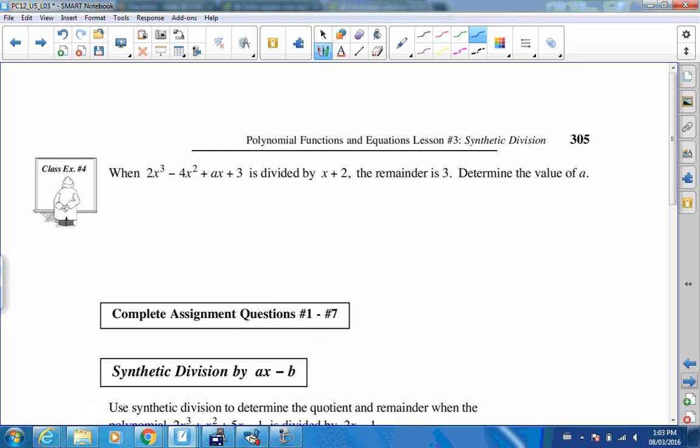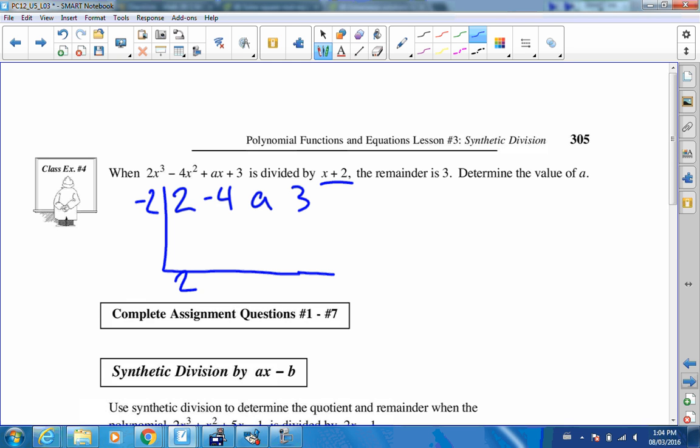There's another standard sort of style of question where you have to do your synthetic division given that the remainder is something. So I'm going to start by setting it up. 2, negative 4, a, 3. Got all 4: cubed, squared, linear, constant. Good. Negative 2 up front. 2 goes down.